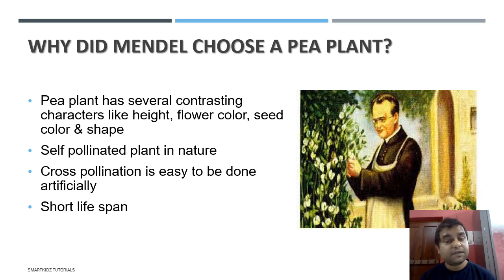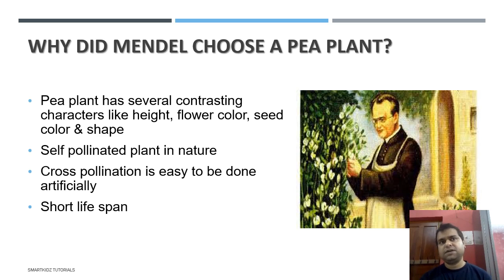When you have a short lifespan, it means that you also reproduce faster. You have to reproduce faster, because otherwise you become extinct. You will die off. So this short lifespan acted as a boon for him, which allowed him to work with many generations.